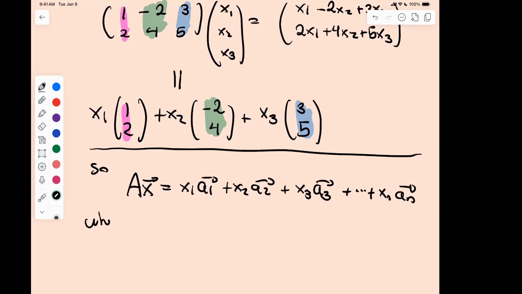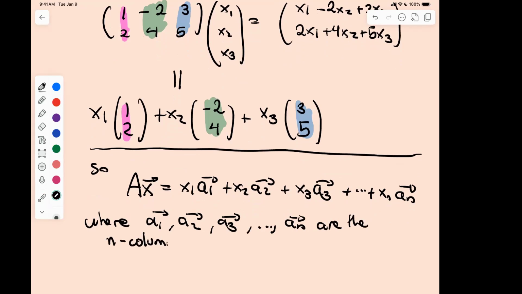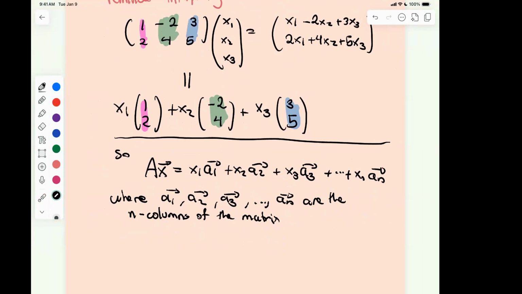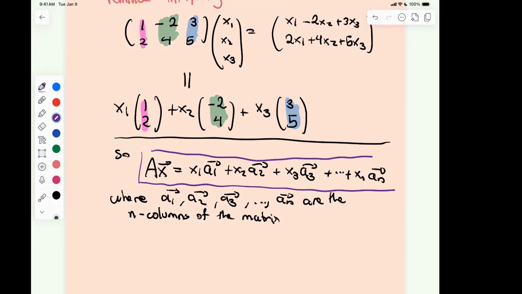Where here a1, a2, a3 up to an are the n columns of the matrix. And that is a very useful way to think about the multiplication between a matrix and a vector.